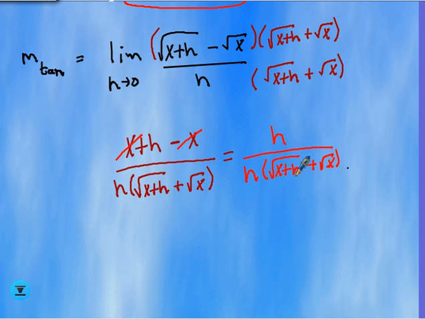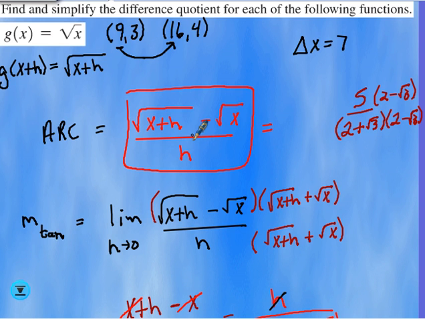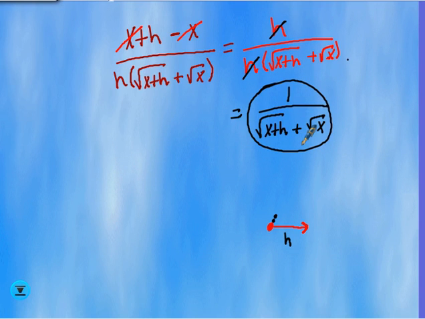These are two separate terms being multiplied, so in this case you can cancel your h's, because that h term is in essence kind of factored out, and you're left with 1 over the square root of x plus h plus the square root of x. Now this, guys, is still the difference quotient. This is the exact same thing, except this one's been cleaned up a little bit.